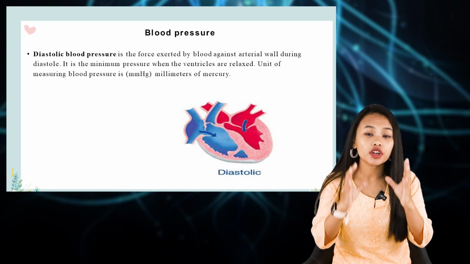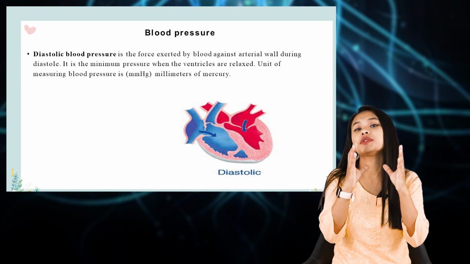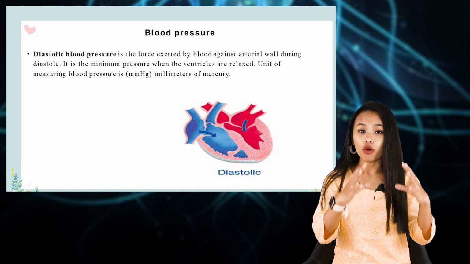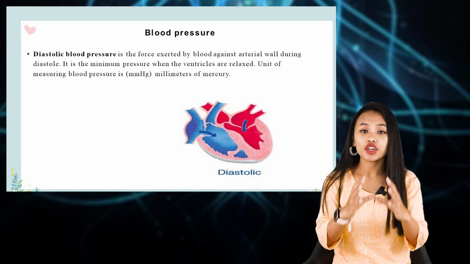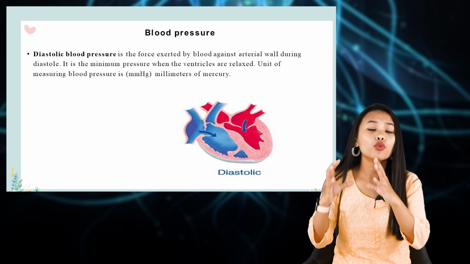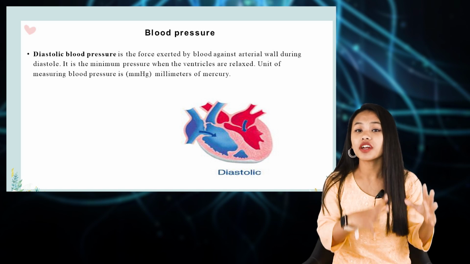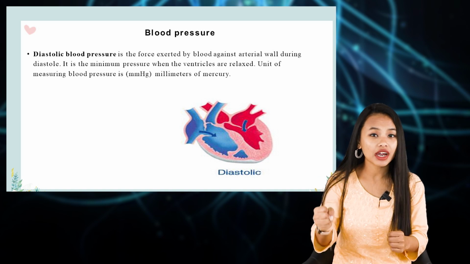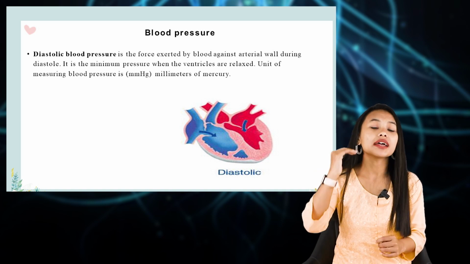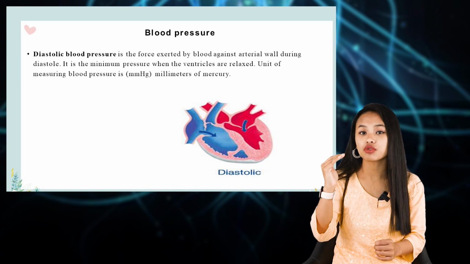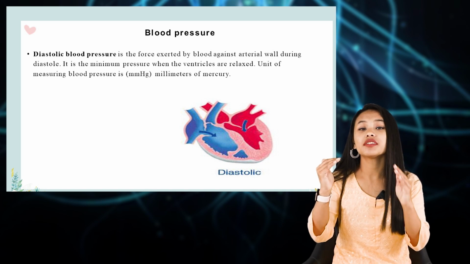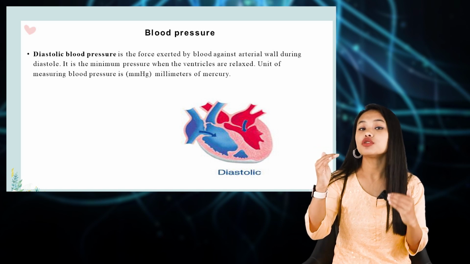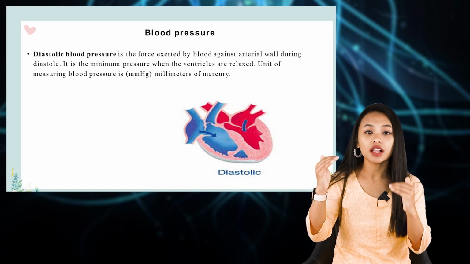Whereas diastolic blood pressure is the force exerted by the arterial wall during the diastole, and it is the minimum pressure which we get when the ventricles are relaxed. So when the ventricles are contracted, there is a maximum pressure known as the systolic blood pressure, whereas when the ventricles are relaxed, there is a minimum pressure known as the diastolic blood pressure.